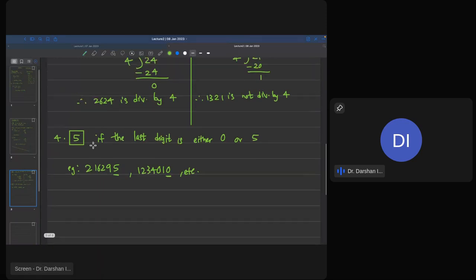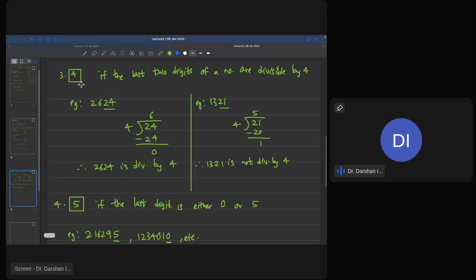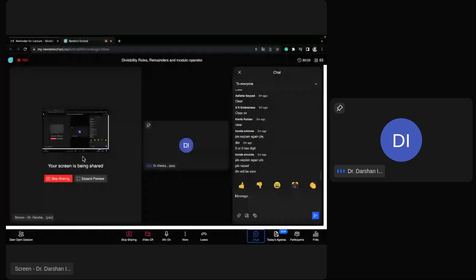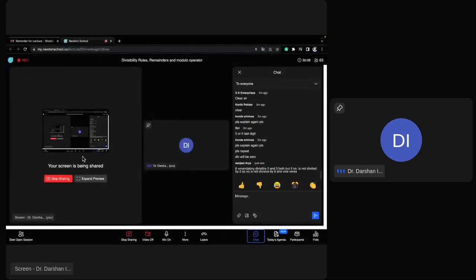Which number are you talking about? We never discussed that. Srinivas, time is very precious.